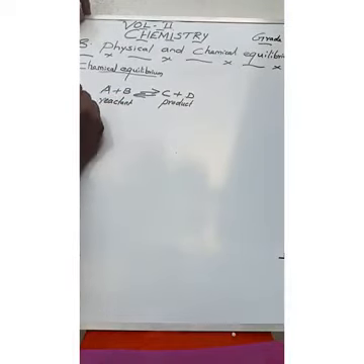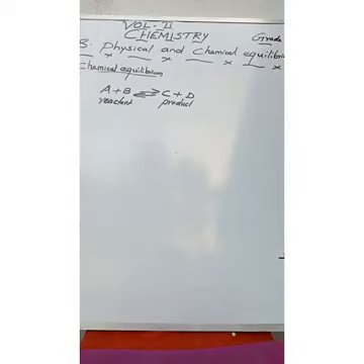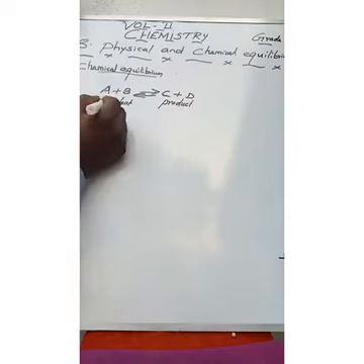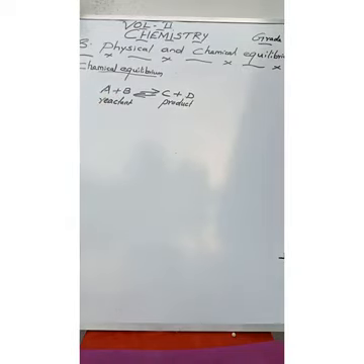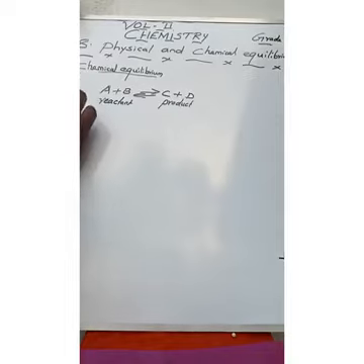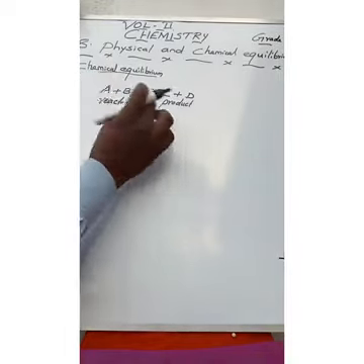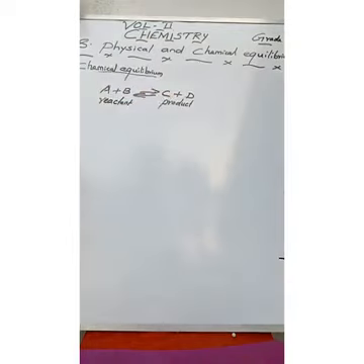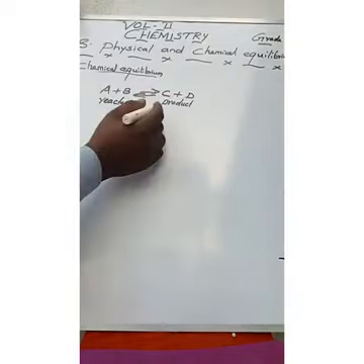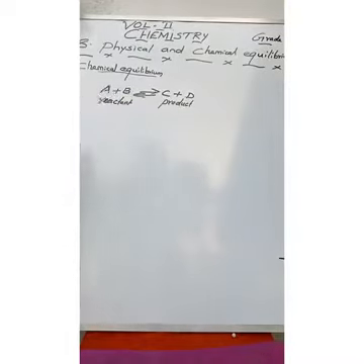As the rate of the reverse reaction increases, the rate of the forward reaction decreases. Don't forget that. So we can say that the rates of both the forward reaction and the backward reaction become equal.